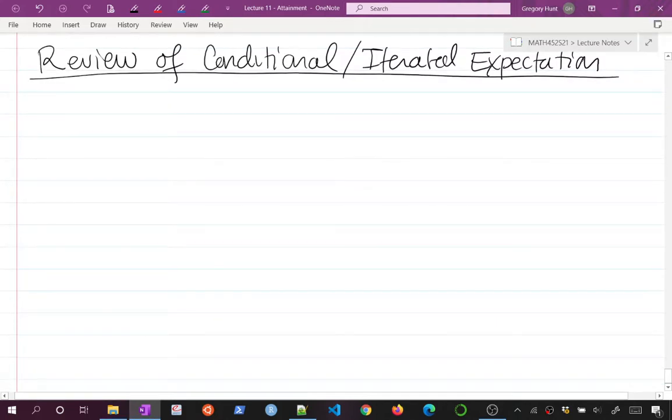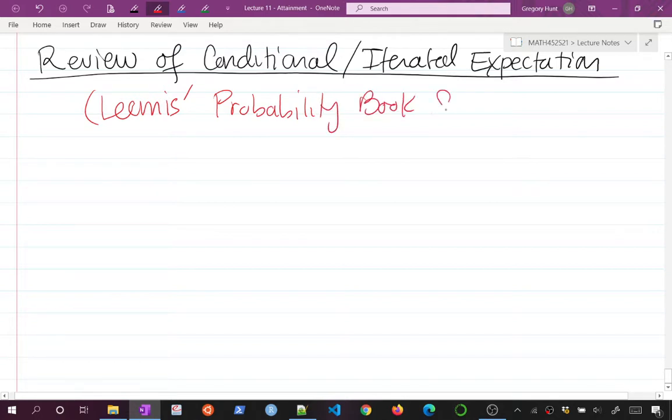If you take 451 with me, this is in Dr. Lemus's probability book, section 6.3.